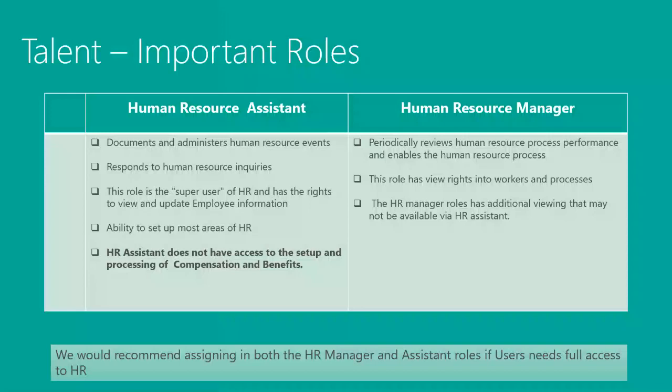If the user needs full access to HR, you need to assign these two roles. Otherwise, if your organization has separate user groups for HR assistant and HR manager, you might want to use these roles as two different roles, assigned to two different users instead of combining them and assigning them to one user group.